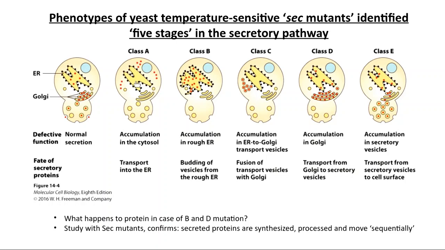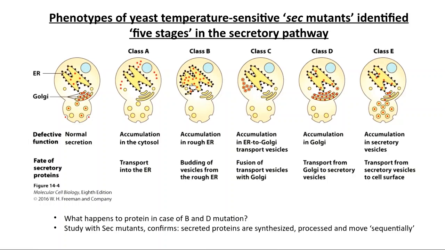In the class B sec mutants, the proteins remain accumulated in the rough ER. Otherwise, in the normal scenario, they would have gone to the budding vesicles from the rough ER to be transported to the cis Golgi. But in the case of a sec B mutant at restrictive temperature, they stay in the rough ER itself.